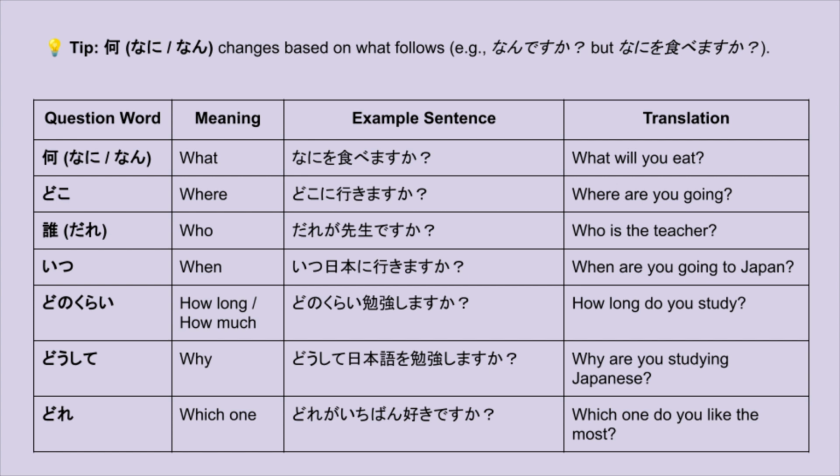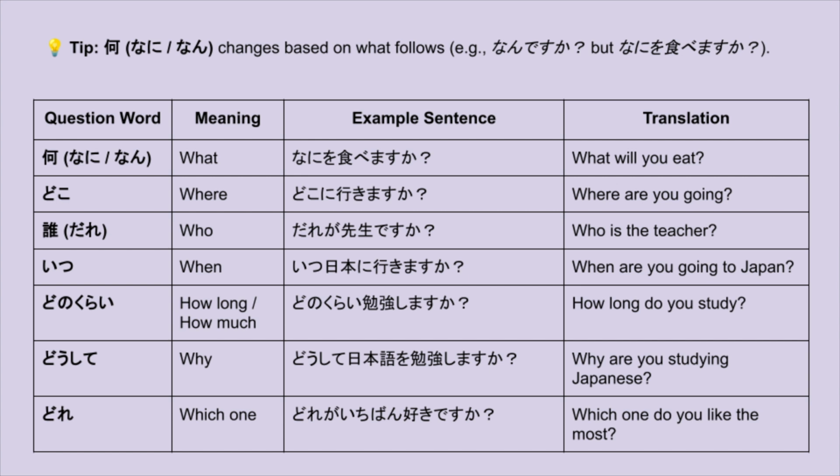You would need to use ni for that, because you're talking about time. Same thing with what we did earlier, shichiji, 7 o'clock, you have to use ni for time. So if you want to use a particle, you can, you don't have to, but if you do, use ni because it's time.